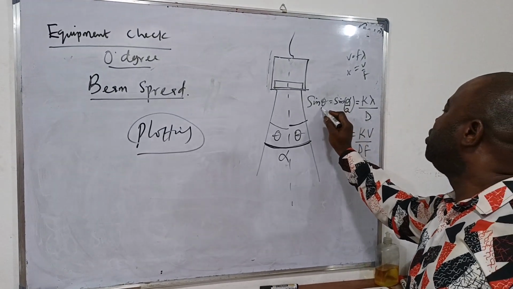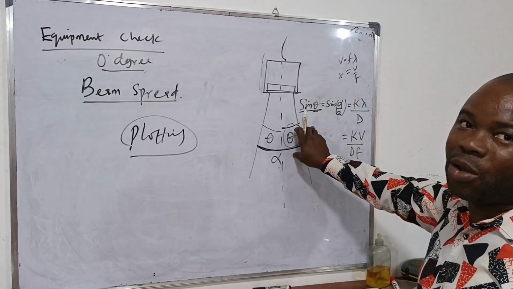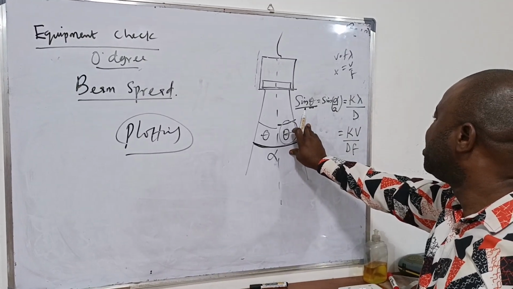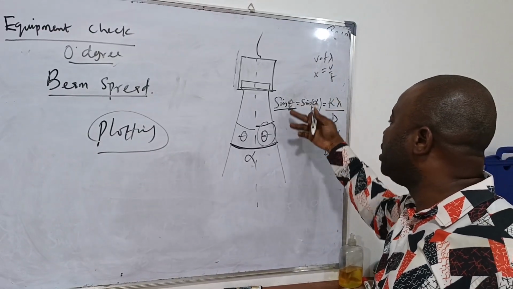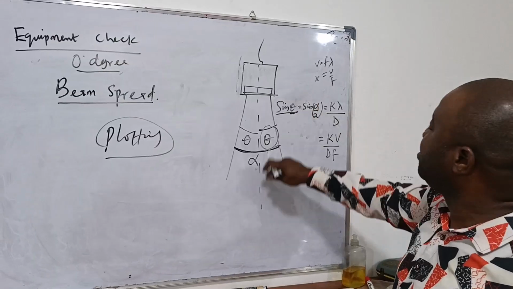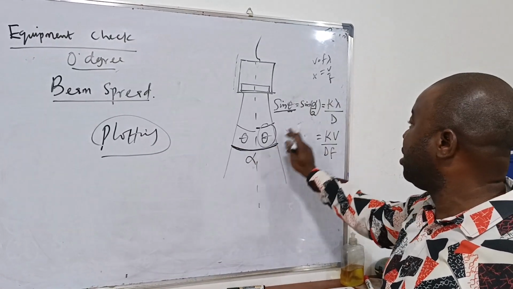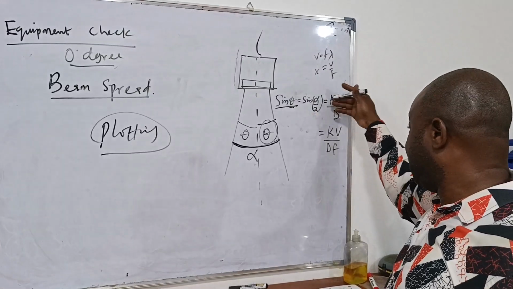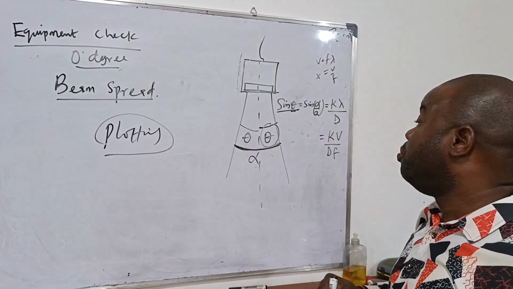If you are calculating just one side, using sin theta, just know that it is the half angle you are calculating. So at the end of the day, when you are done calculating, you multiply by 2. To save yourself that stress, you can just say sine of half angle, which is alpha. By the time you do your calculation and get the value for alpha, that gives you your beam spread.